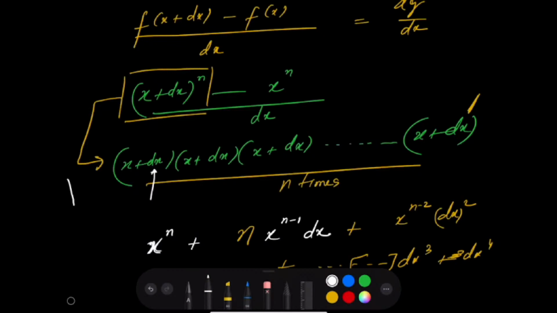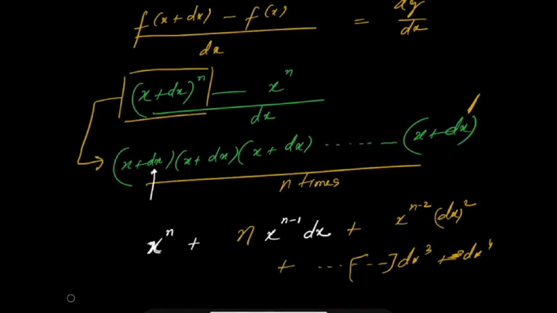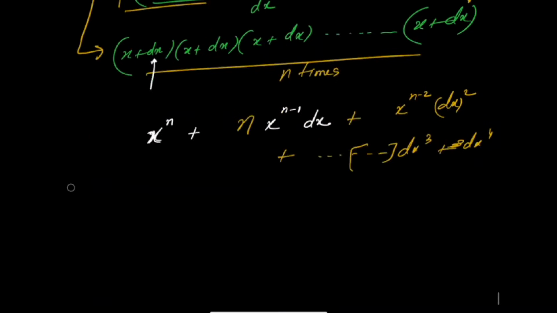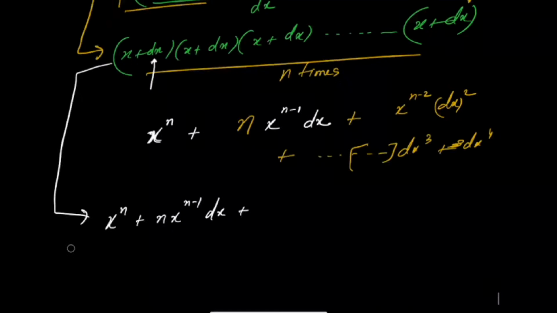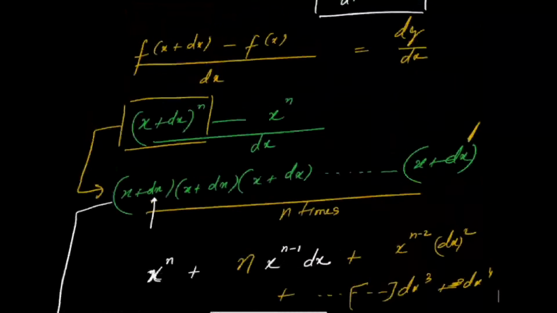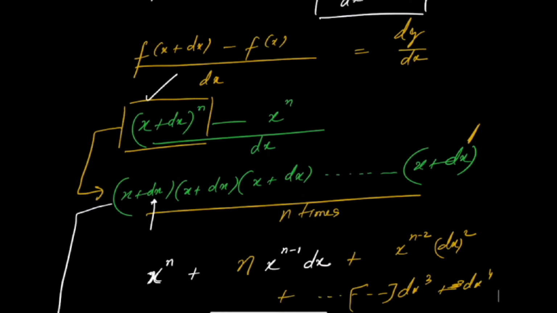So the first term I am getting is x power n. The second term I am getting is n into x power n minus 1 into dx. Plus I'll get dx squared terms that I'm not interested in. Let me explain. This is the expansion of this yellow box.